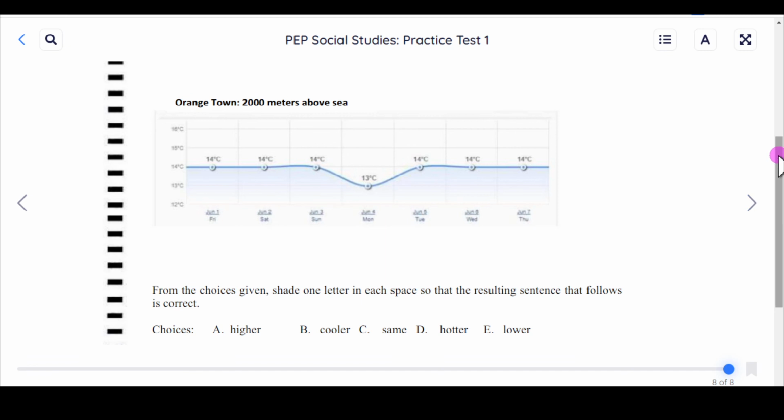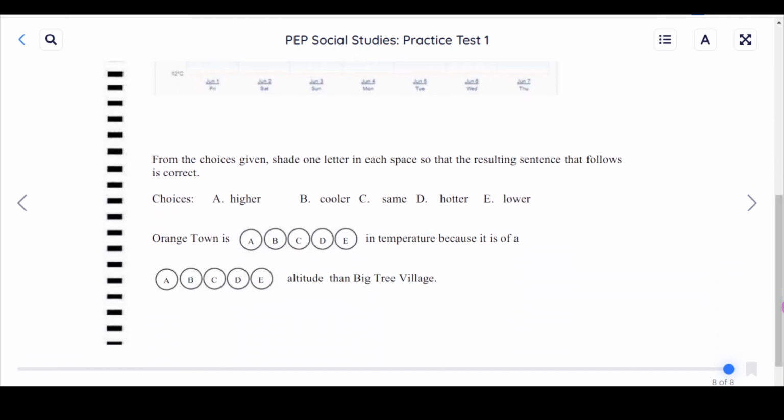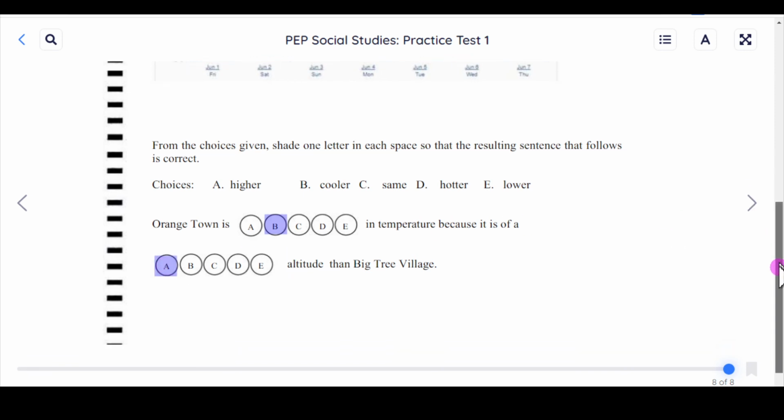So Orange Tone is cooler, which is B, in temperature because it is at a higher altitude than Big Tree Village. So B and A complete that.